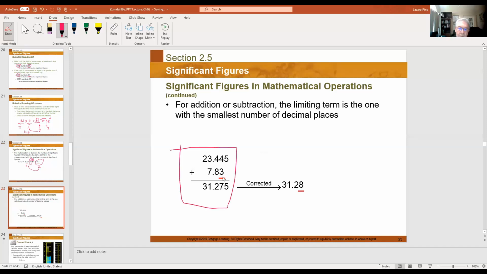Then you make a line through the number with fewer significant figures, and you say, I have to report only until here. As this number is 5, then you round up, and this will be the answer with 4 significant figures.